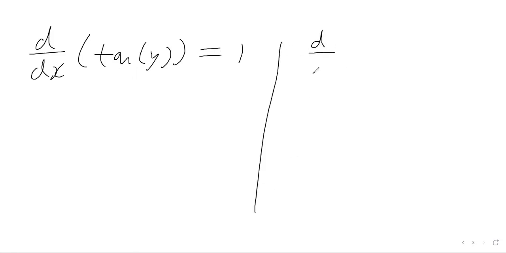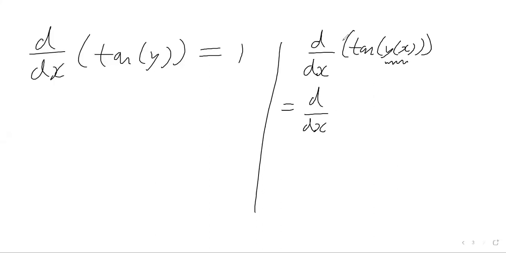When we differentiate tan of y of x with respect to x, the chain rule tells us this is going to be d by dx of the function inside the tangent function, so d by dx of y of x, multiplied by the outside function, the tangent function, differentiated with respect to the function inside, so with respect to y. Again, that's just using our chain rule.